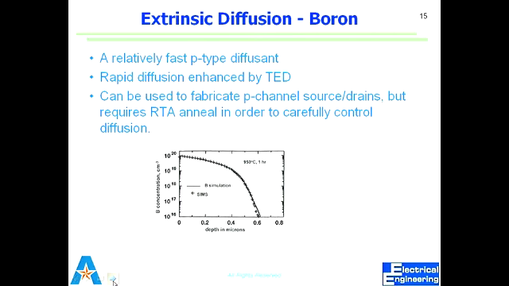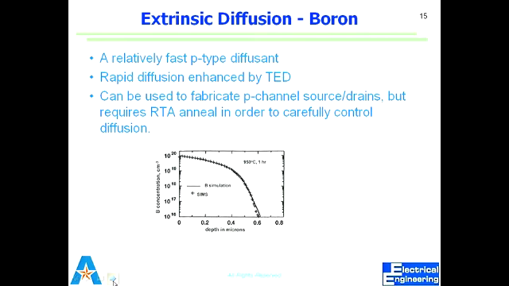Boron is a p-type diffuser. TED, we'll see TED in the next few slides, transient enhanced diffusion. So we have this very thin pre-dep, which helps in diffusion. So it requires rapid thermal annealing to control the diffusion.